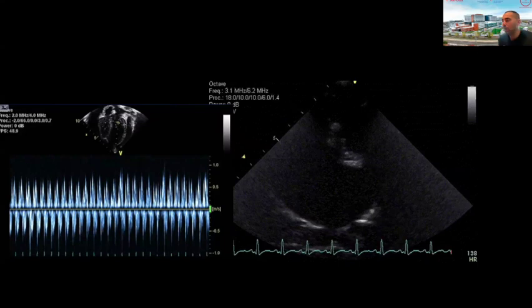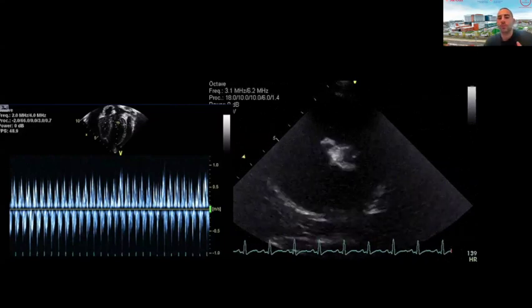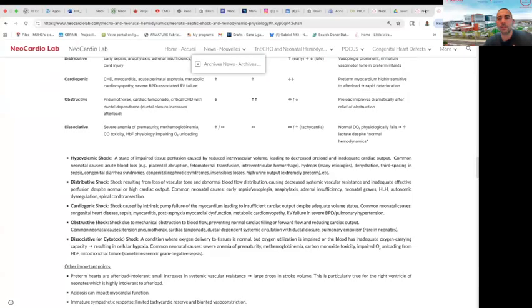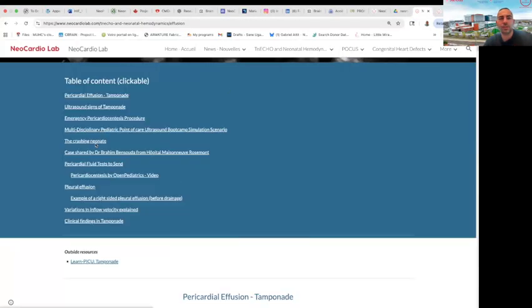Does that make sense? So one of the criteria for tamponade, I'm going to share my screen so everyone can see, in pericardial effusion.